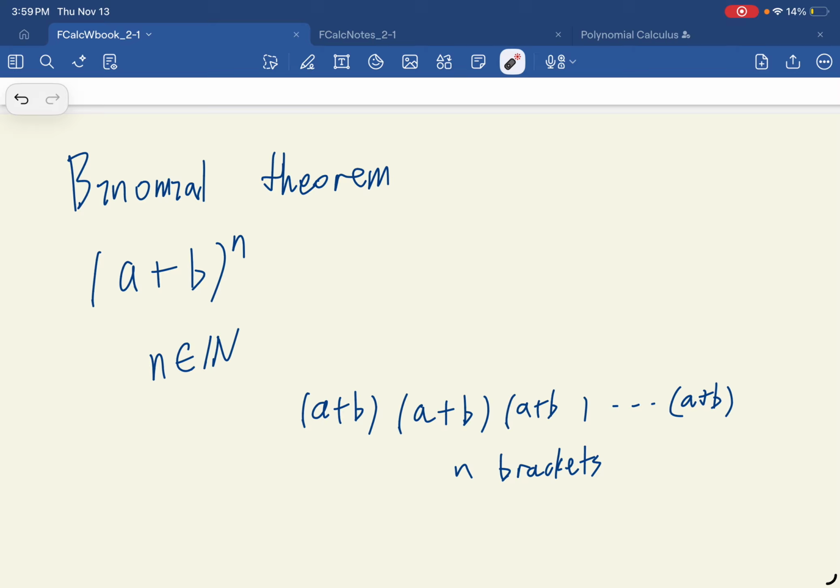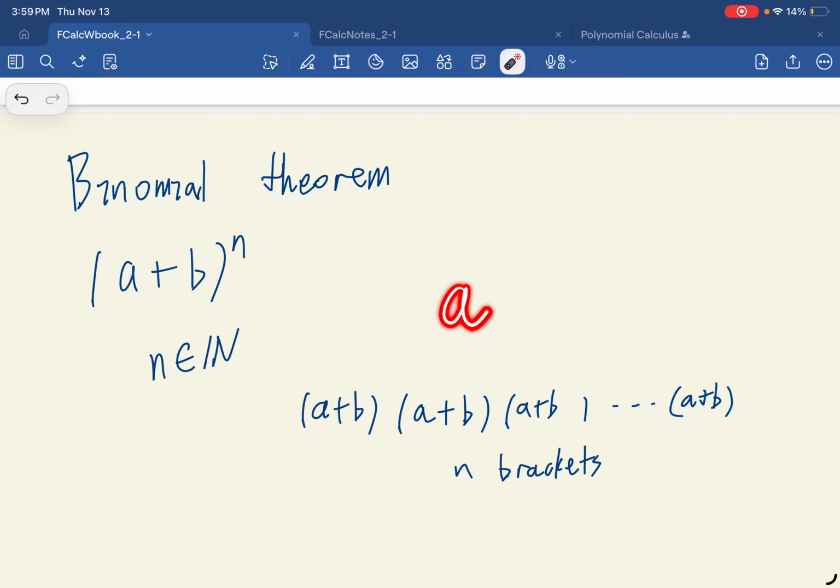But if we want the coefficient of A to the n minus 1 times B, I need to know how many times I can choose this specific combination. Because if I only need to choose 1 B, then I can choose it from the first bracket, from the second bracket, from the third bracket, all the way to the last bracket.